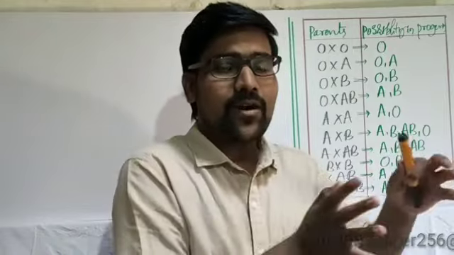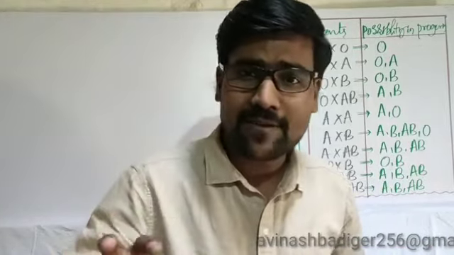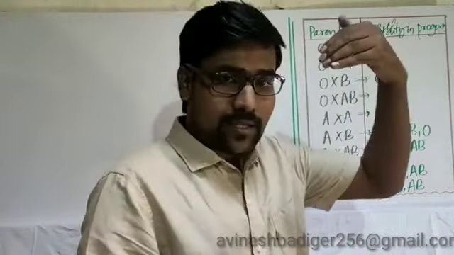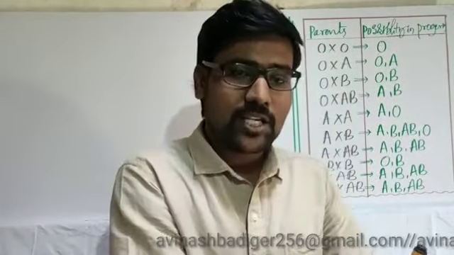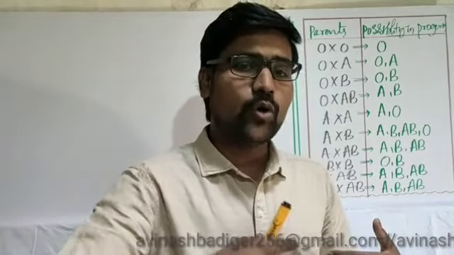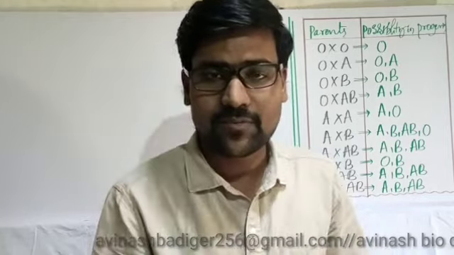Now I am not considering positive and negative blood groups, just focusing on the major blood groups: A, B, AB and O. There AB is the universal recipient and O is the universal donor. Why it is so, we already explained in the previous video.